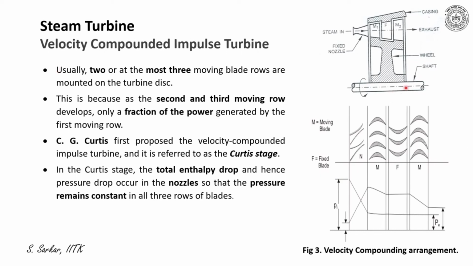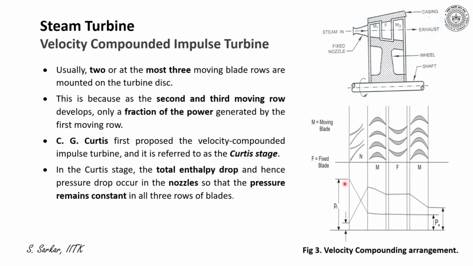And these moving blades are separated by the fixed blade. So I have indicated here, usually 2 or at most 3 moving blade rows are mounted on the turbine disc. Now, if we take a circumferential plane, which is the central circumferential plane, and stretch it on the paper, I'll find the blade profile. So N stands for the nozzle, followed by the moving row of blades, and then fixed row of blades, then again moving row of blades.